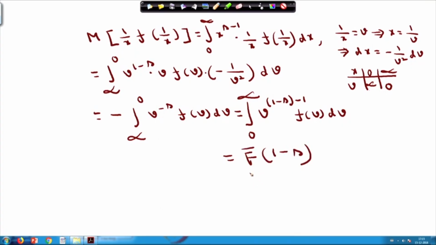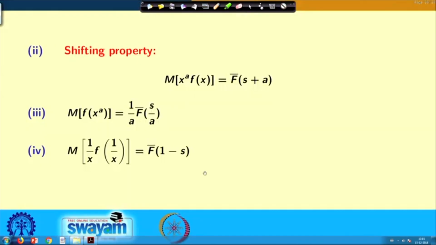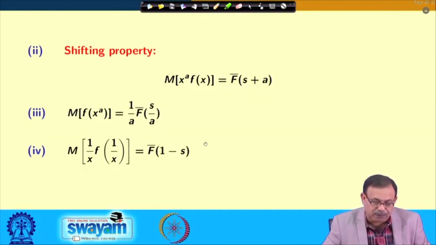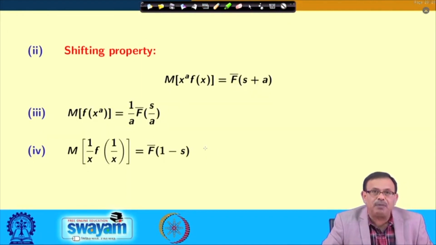Therefore, the Mellin transform of 1 by x, f of 1 by x, equals f bar 1 minus s. So this completes the proof.